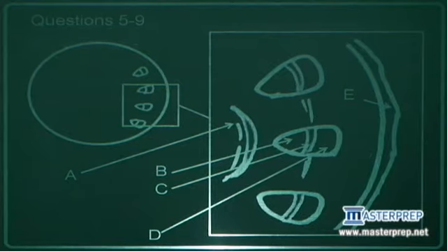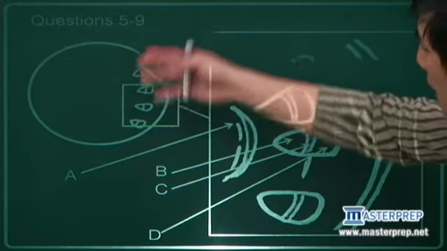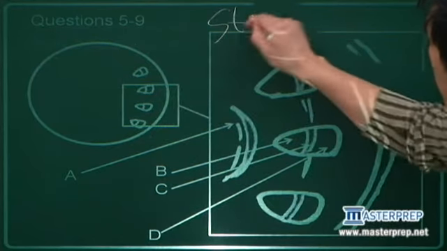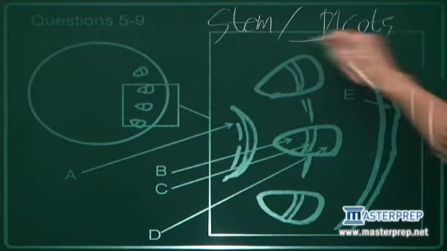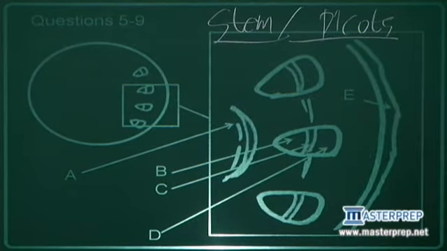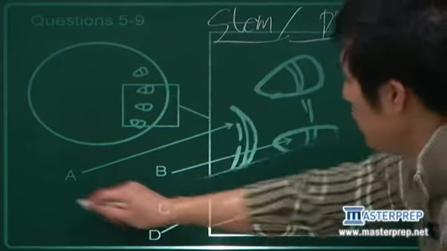All right, questions 5 to 9. This is a cross-section of the plants, right? So we know this is a stem of dicots, right? Okay, stem and dicot because we see ring structure, right?